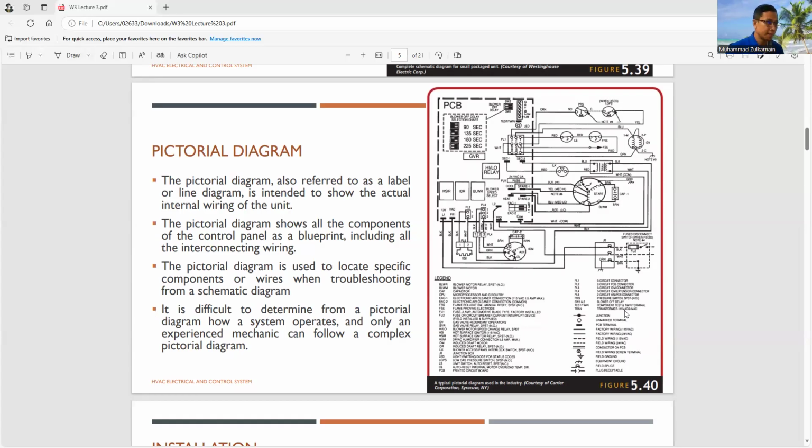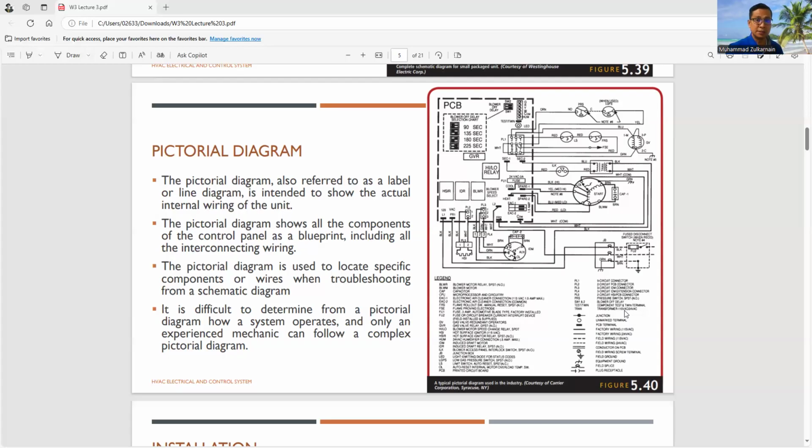The pictorial diagram shows all the components of the control panel like a blueprint, including all the interconnecting wiring. So when you face troubleshooting in an actual condition, you need to read the pictorial diagram, and then you can measure the wiring system if needed.